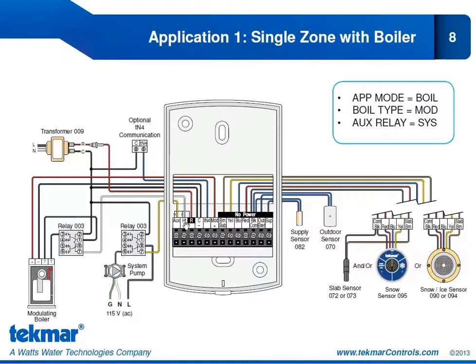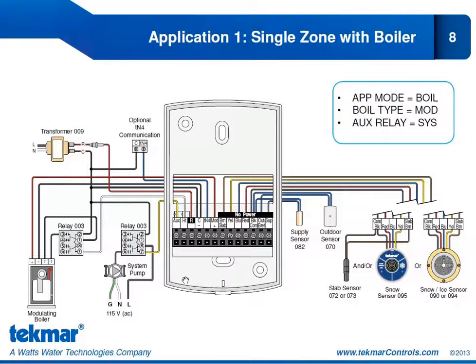So we will connect the heat relay to 7 on our isolation relay 003, and then we have 2 coming back up to our common. So whenever that heat relay closes, we are going to have the TT enable at our modulating boiler.